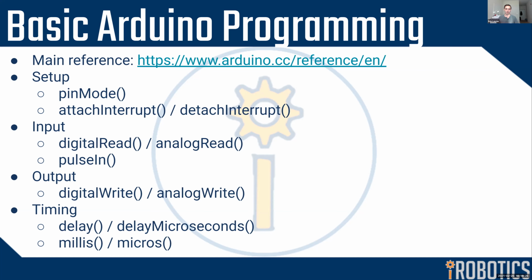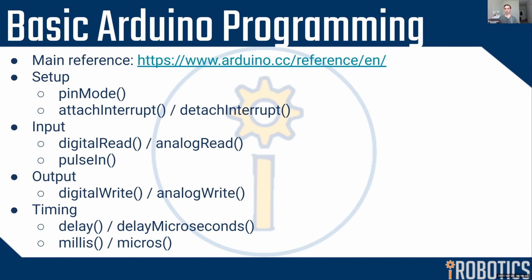You can do things like attaching and detaching interrupts, which are basically a way for the microcontroller to automatically run some bit of code immediately whenever some sort of event happens.